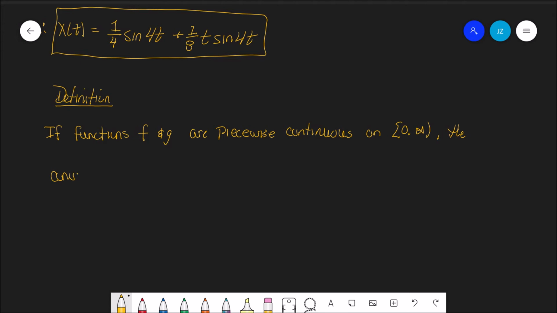The convolution of f and g is denoted f star g, and it is simply the integral from 0 to t of f(tau) times g(t minus tau) d tau.